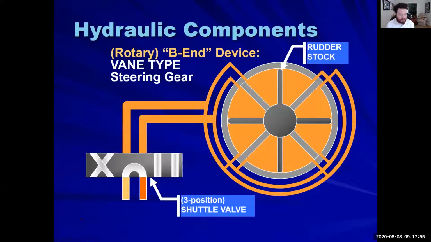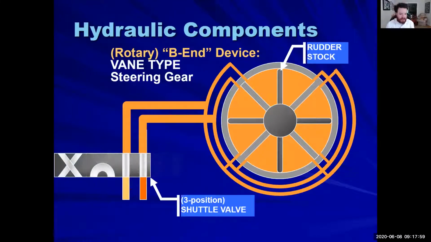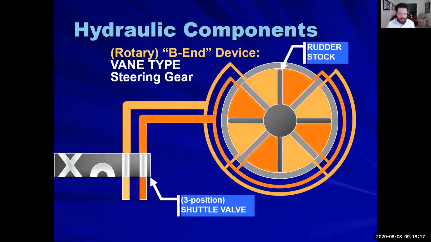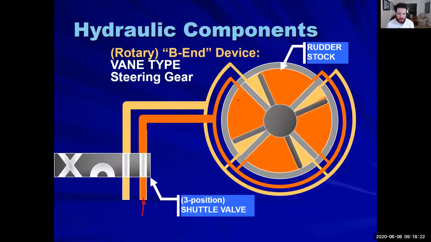All right. So in this position, one side is going to have pressure and the other side is going to be removing the hydraulic fluid. All right. So that deep orange is going to be adding fluid. As you can see, we're pressurizing this side and we're pushing fluid into these areas.